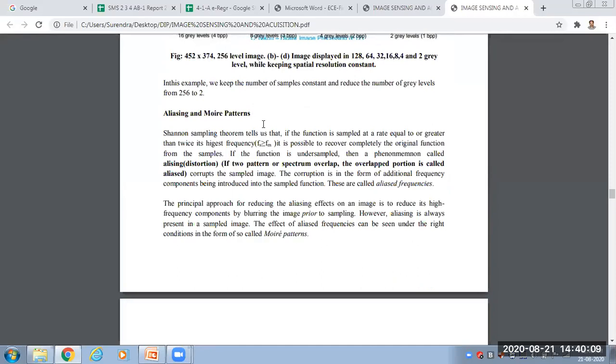Sampling must be done with the sampling criteria, the Nyquist criteria: Fs must be greater than or equal to 2 times Fm. Here Fs is the sampling frequency, and Fm is the message signal frequency.